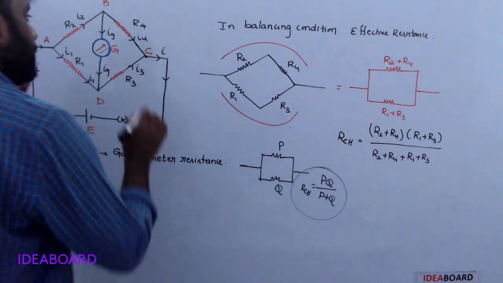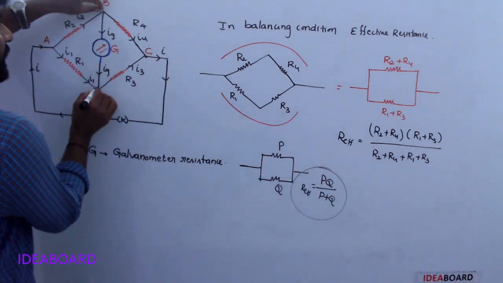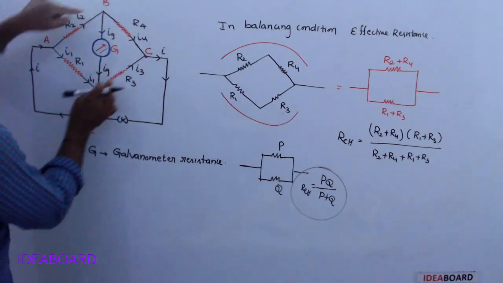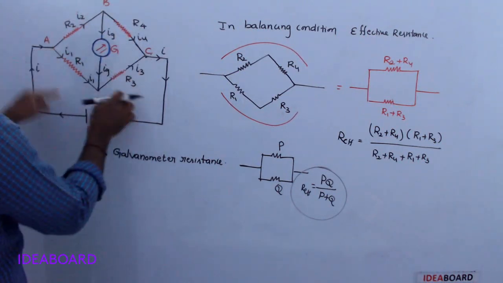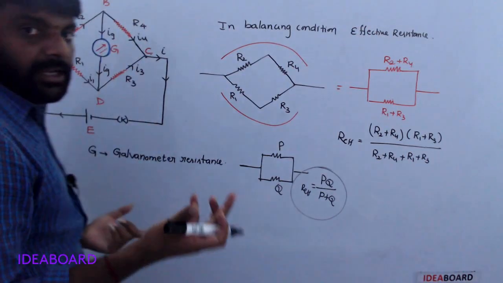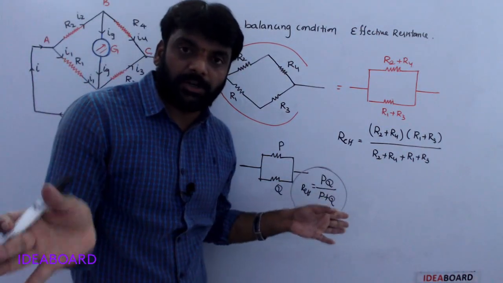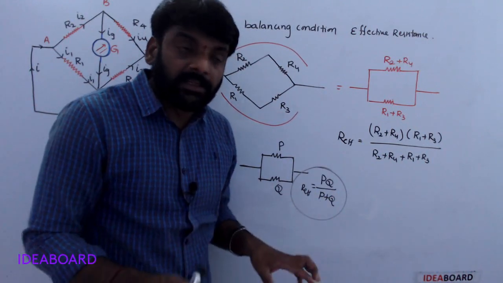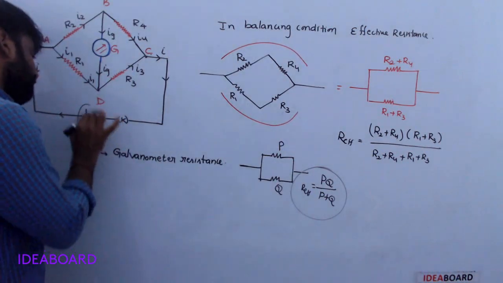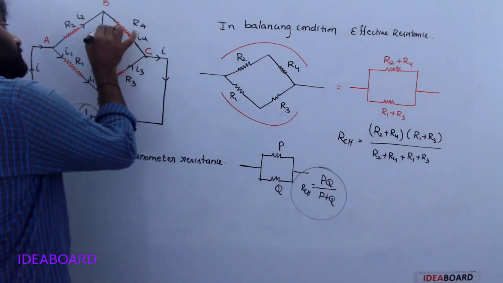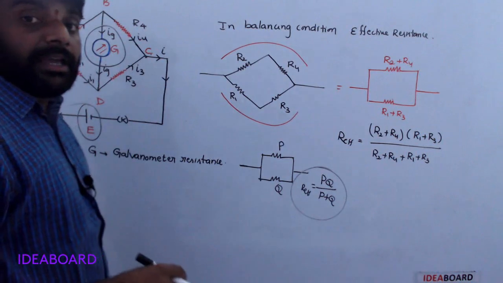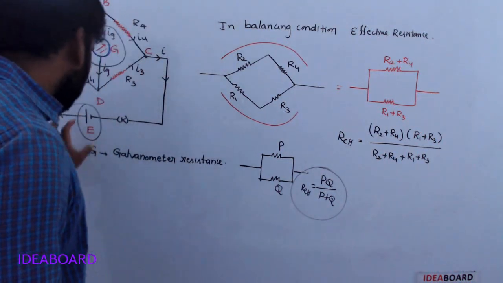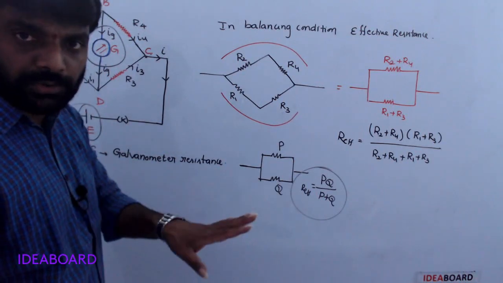Next, if in case you change the galvanometer position and battery position, with the galvanometer connected at A and C and the battery connected at B and D, there is no change after balancing. So it is independent of battery EMF and also galvanometer accuracy. If you increase the EMF, no use.